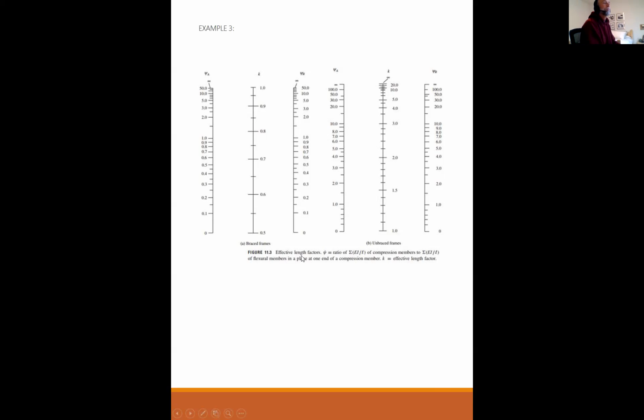Okay, sorry about that. We're going to go to our alignment charts, and we're going to put in 0.36 here and 10 for psi B here, and where it intersects the axis, this becomes our K value. From the alignment chart, I'm calling this 0.78.